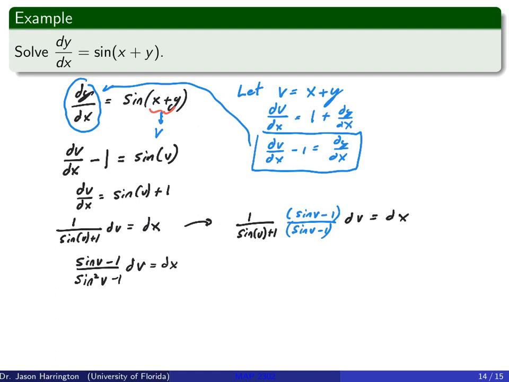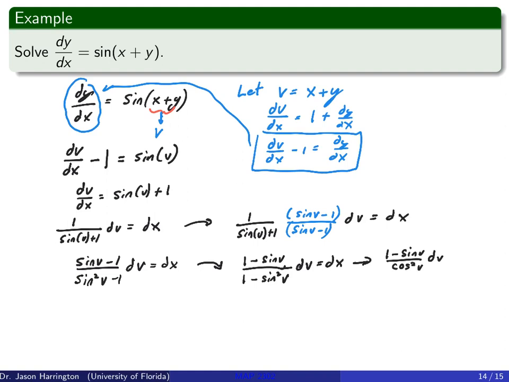Well, I can rewrite the top and the bottom by writing 1 minus sine of v over 1 minus sine squared v. Oh, nice. I can use some Pythagorean properties here. That gets turned into, the denominator turns into 1 minus sine of v divided by cosine squared of v dv.